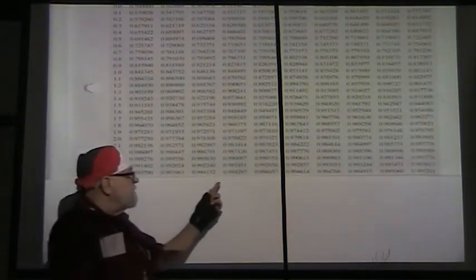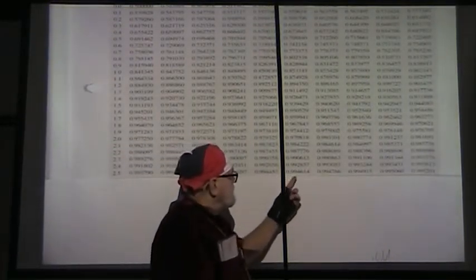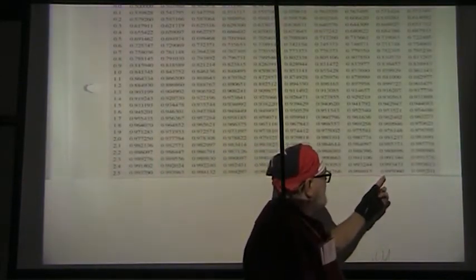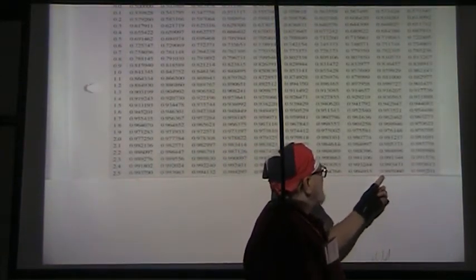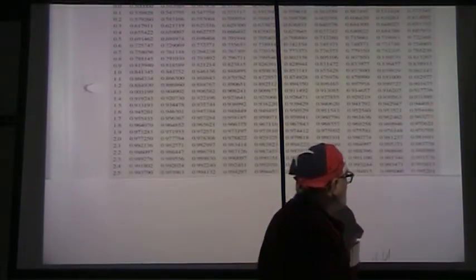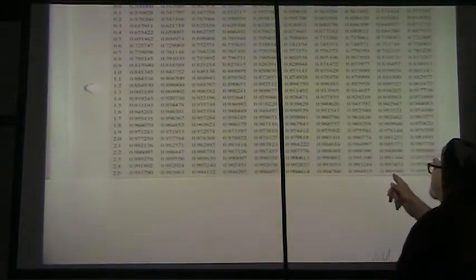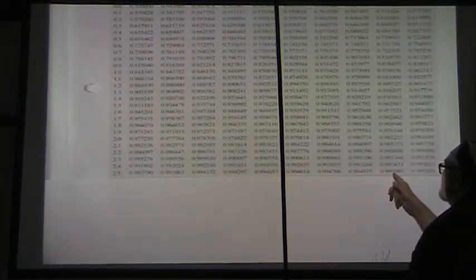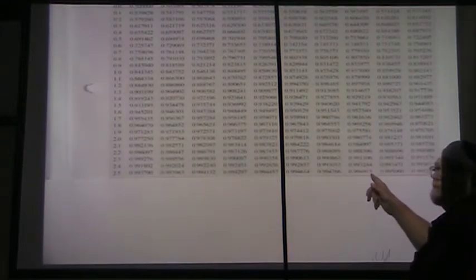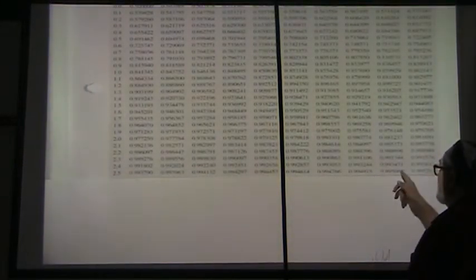I'm getting closer and closer, and it looks like right here is where it's going to be the closest, right? This one is 85 100,000ths away, and this one is only 60 100,000ths away.